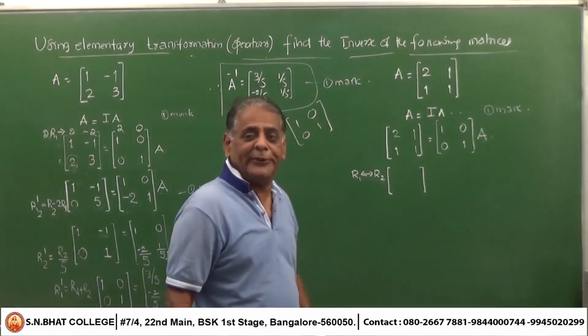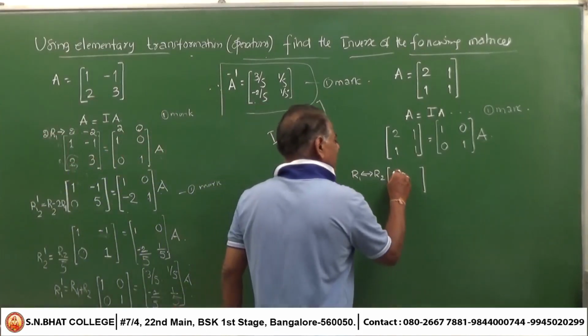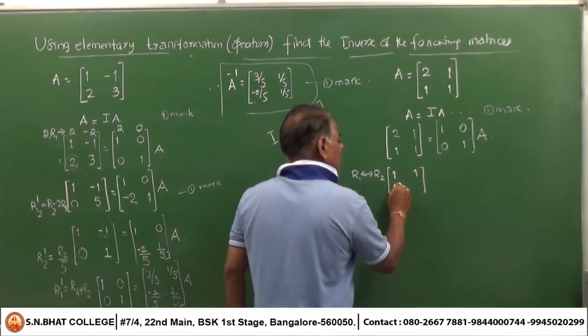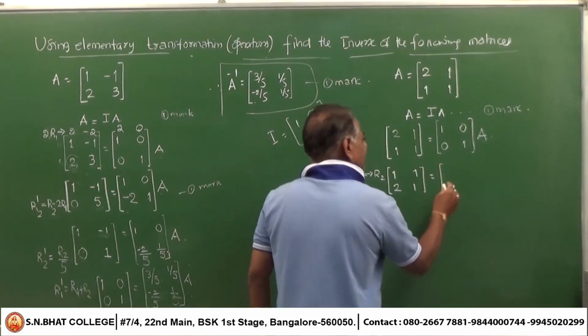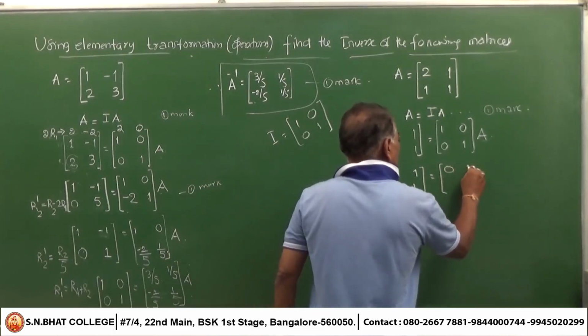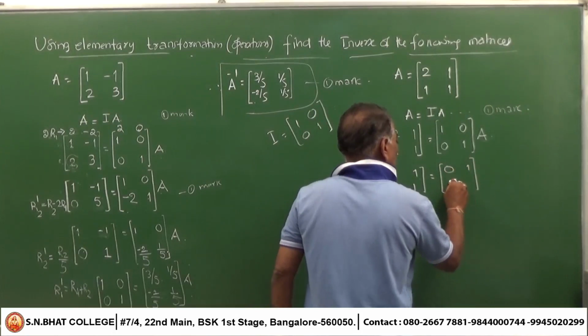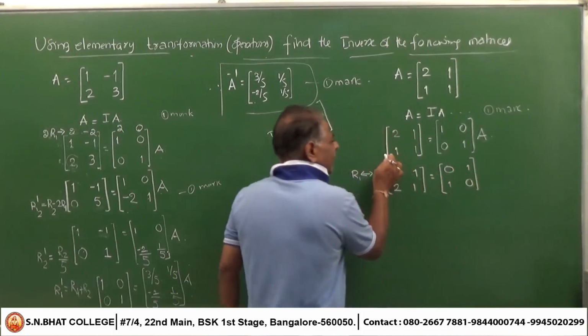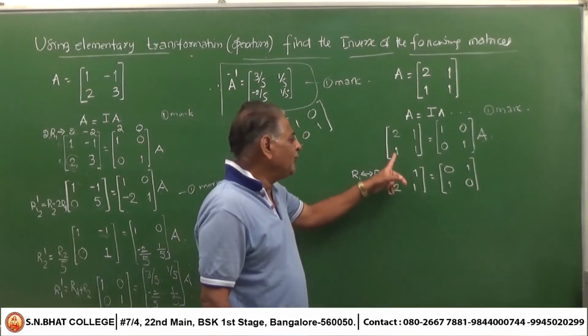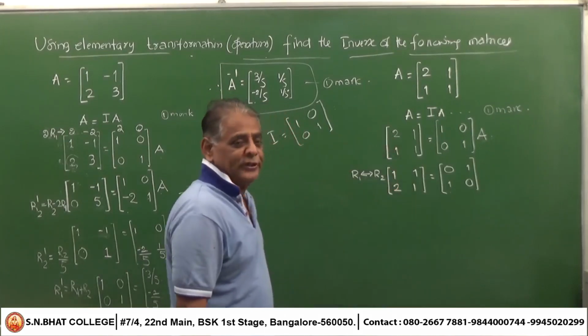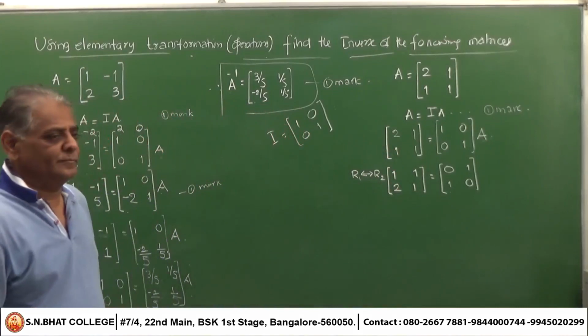Rule number 1 in elementary transformation: write the first row as second row and second row as first row. On the right hand side also you have to interchange: 0, 1, 1, 0. Interchanging of any 2 rows.